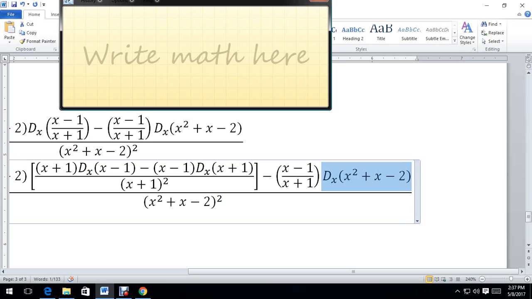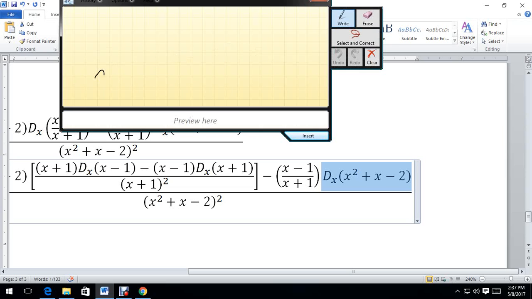Okay, so for this part, we have derivative of x squared plus x minus 2. This becomes derivative of x squared is of course 2x raised to 1. I will no longer write 1, plus derivative of x is 1 and derivative of negative 2 is 0.